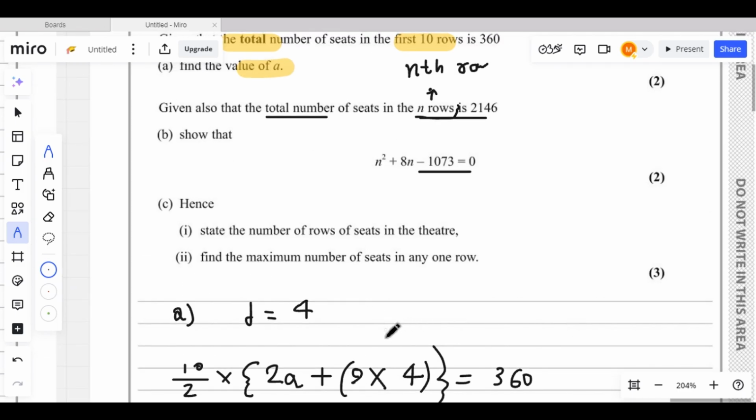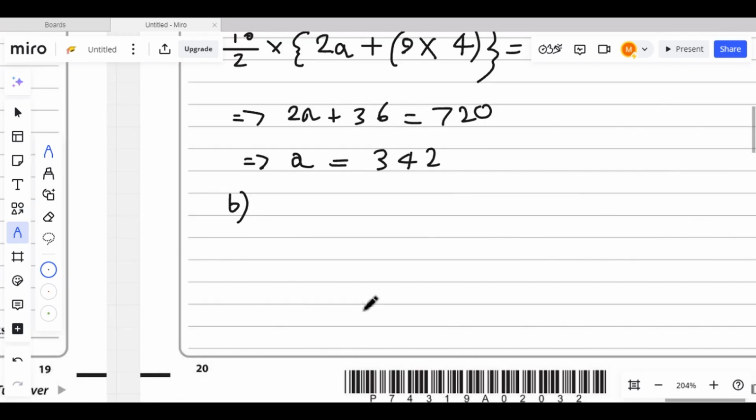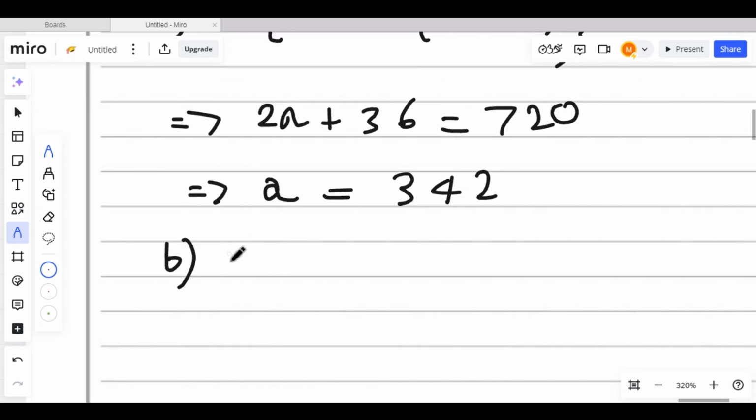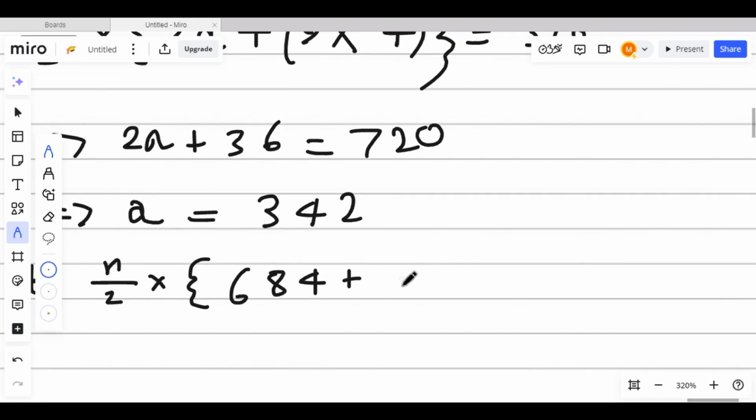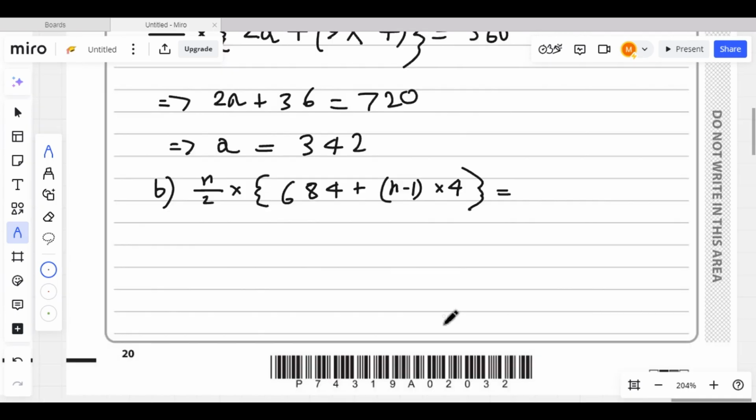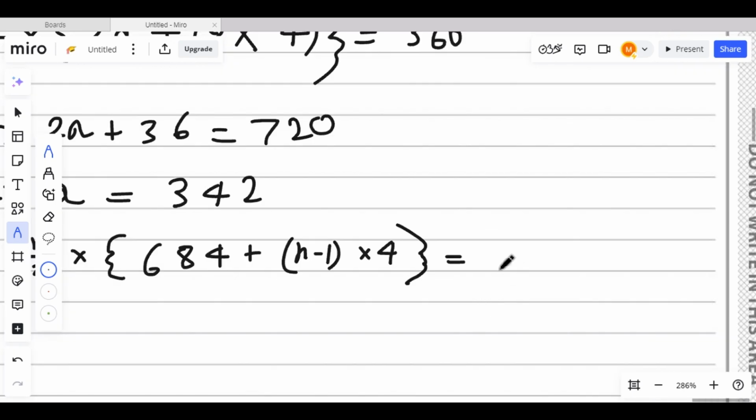Okay, so the sum would be n over 2 times twice of A, which is 684, plus n minus 1 times 4. This is equal to 2146.